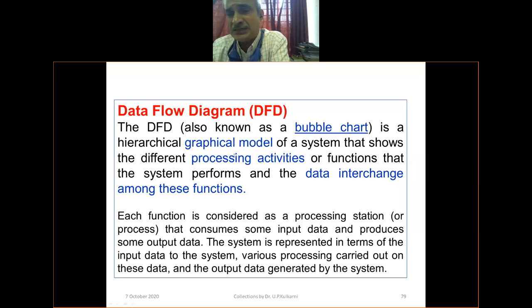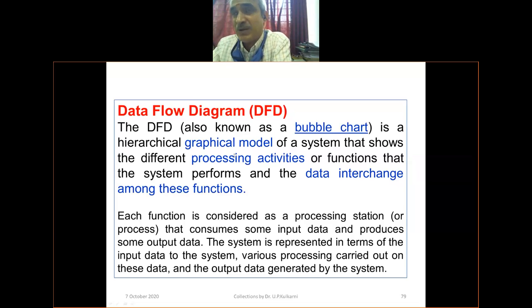You can very well say that it is input, processing and output. For every processing, what kind of input it takes and what kind of output it produces. It is the input mapping to the output, and we call it data interchange among these processing functions. This is the focus of that.